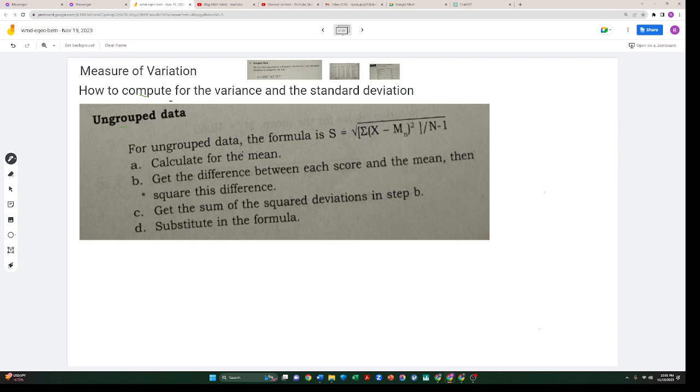what is variance and standard deviation. Okay, the standard deviation or SD is the most important and useful measure of variation. It is the square root of the variance.